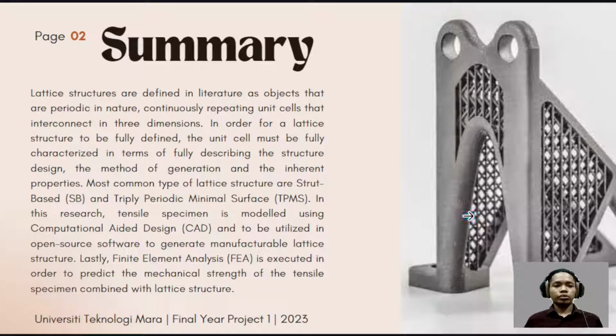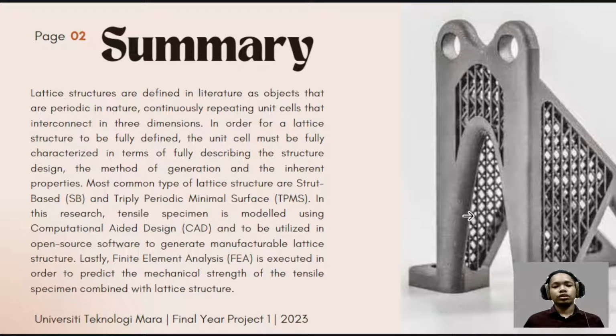So for the summary, lattice structure is defined in the literature as an object periodic in nature. A lattice structure is a repeating unit cell that interconnects in 3 dimensions. The most common lattice structures are strut base, which is SB, and the triply periodic minimal surface, which is TPMS.